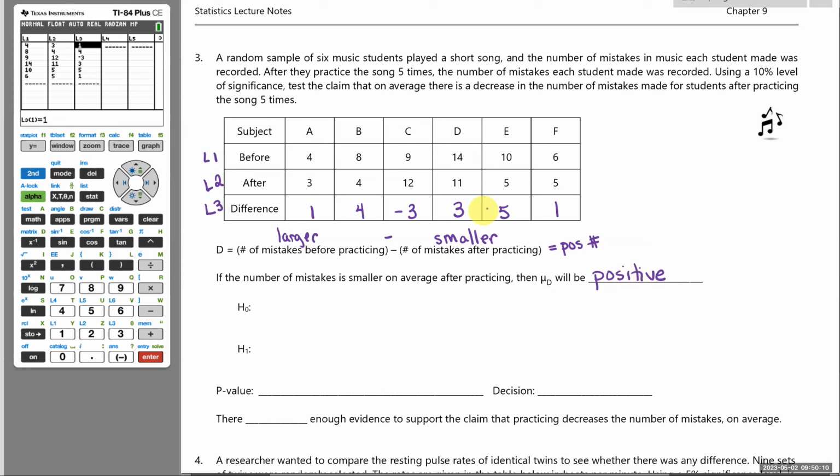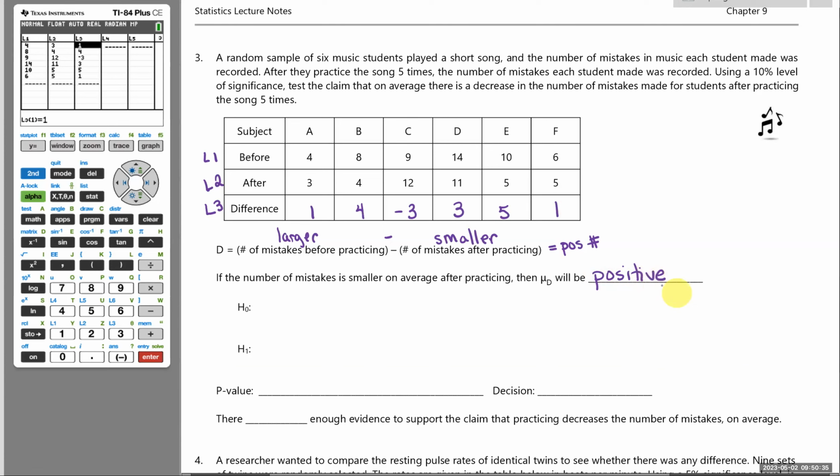Okay, and just looking at this, for the majority of my students, the difference was positive. I have one student here that actually made more mistakes after they practiced, so that's interesting. So the idea is, if we average all of those numbers, would we have evidence that the difference for a population of people that practice would be a positive difference?